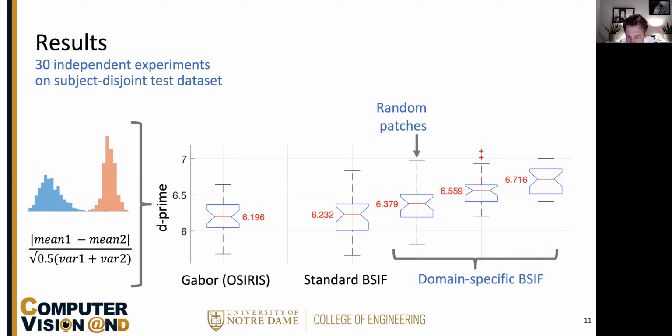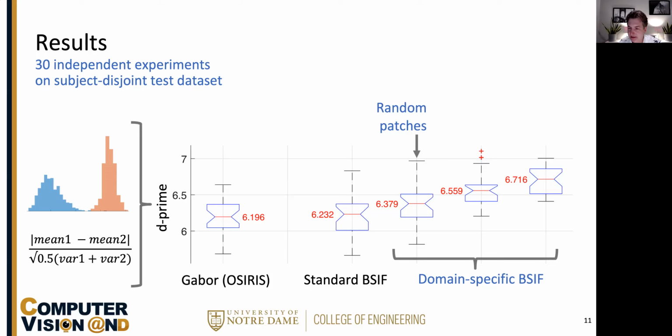I'm not sure if the difference is still statistically significant or not, but it's slightly better, which means that if you repeat the whole BSIF pipeline and calculate new filters using this method, but the image patches come from that domain, it works better.